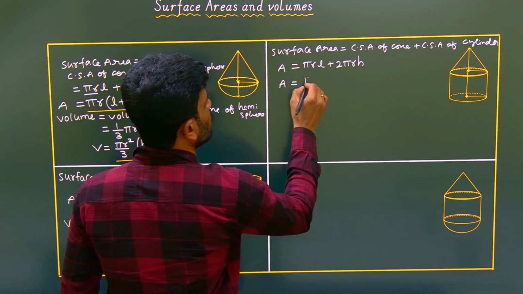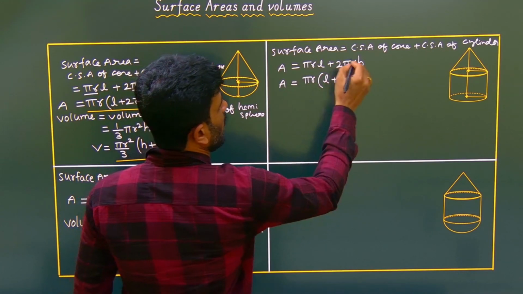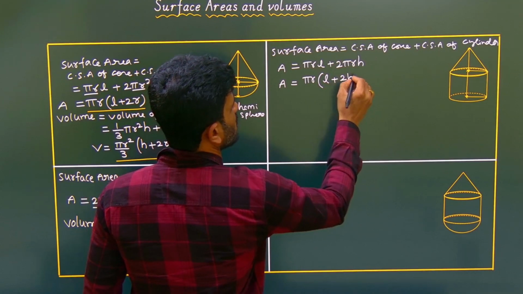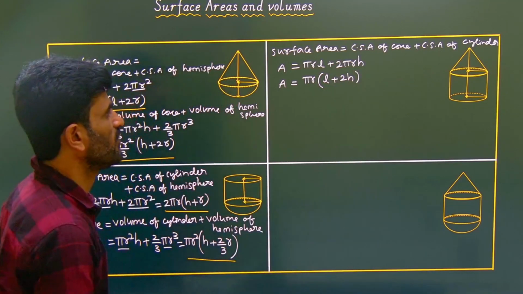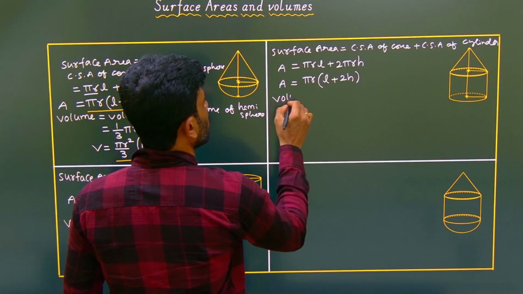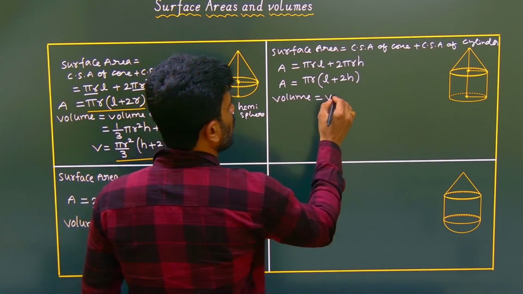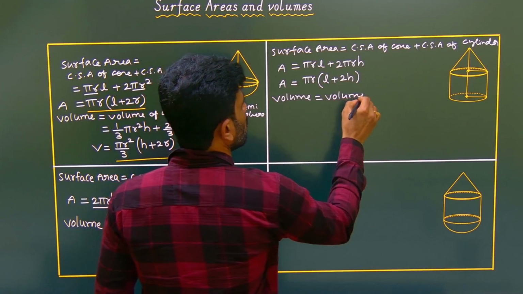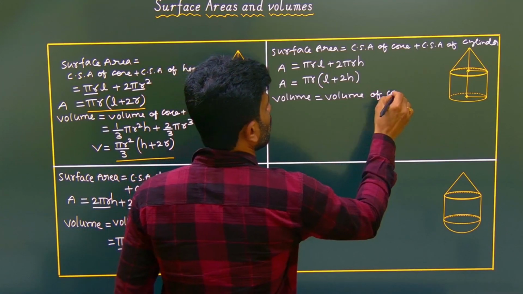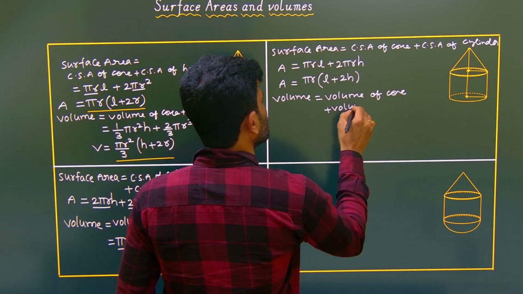So what do we get here? A is equal to pi r, which is common in both, times L plus 2 times h. This is the surface area of that solid. Now if you find the volume, the volume of solids is simple. Again, volume of cone plus volume of cylinder.